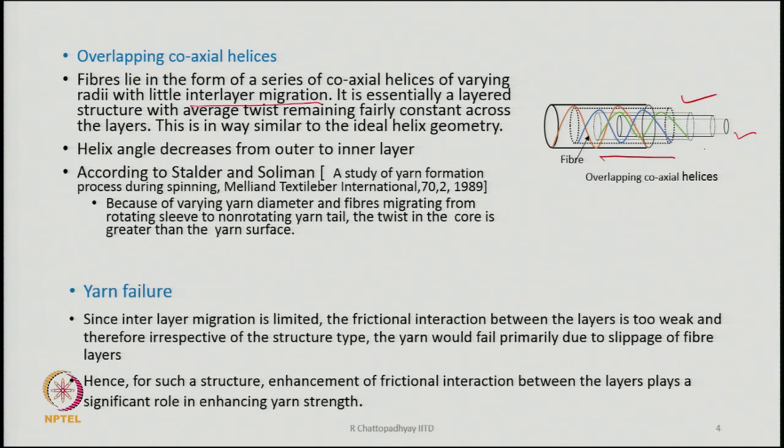That is, the fibers are not really crisscrossing. A fiber is following a helical path of uniform diameter. A fiber on the yarn surface is following a helical path of the maximum yarn diameter. A fiber that exists at an inner layer is also following a helical path having uniform radii.